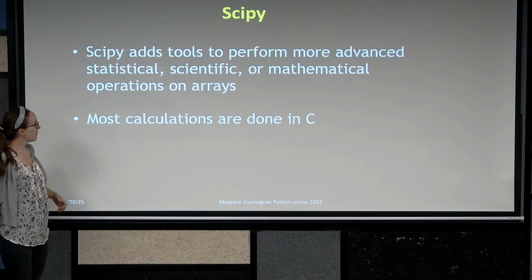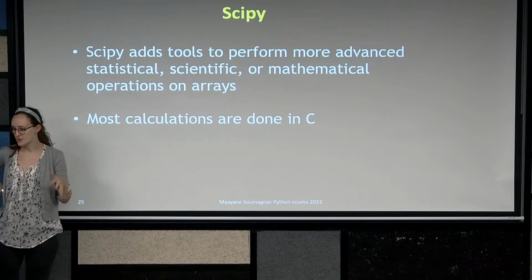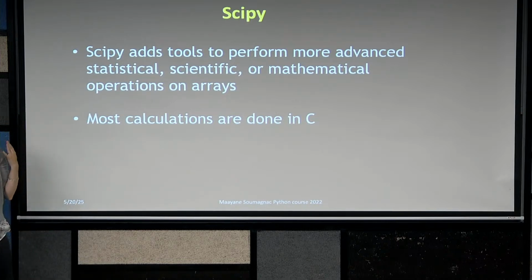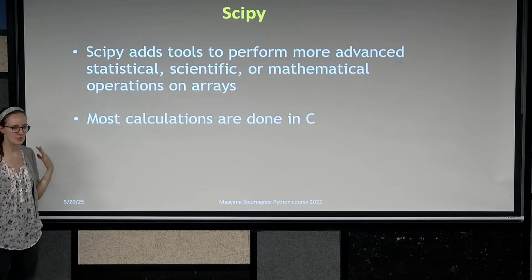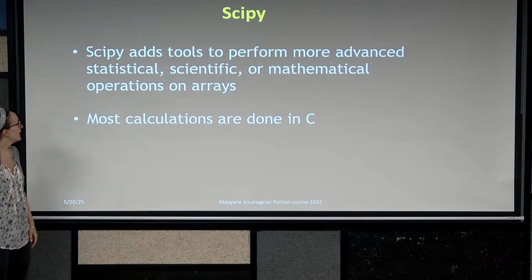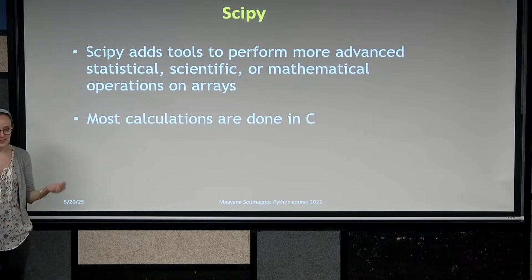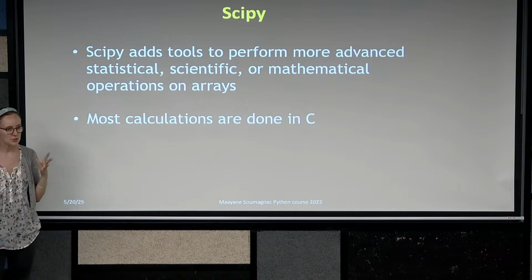So SciPy gives you additional tools, additional optimized tools. Again, it's written in C, it's optimized, it's fast, to do all kinds of statistical tasks and mathematical operations which are slightly more elaborate.